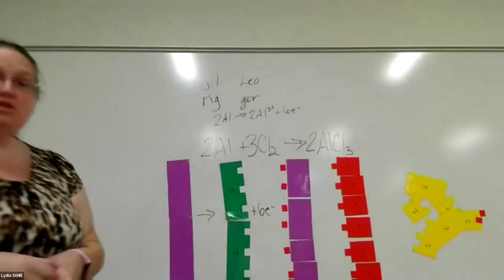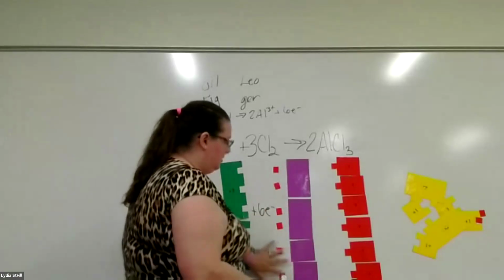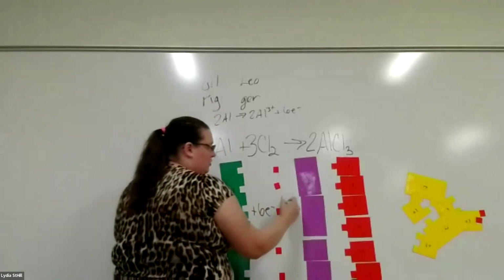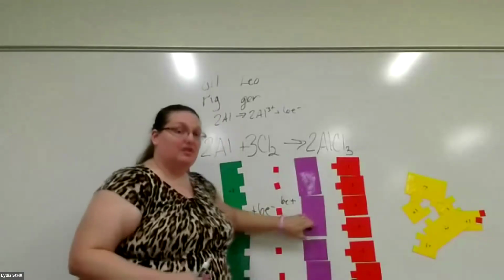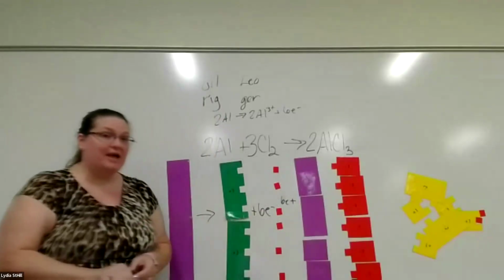So in order for them to turn into that, we have 6 electrons plus our chlorines, 3 chlorines give us the 6 Cl minus.